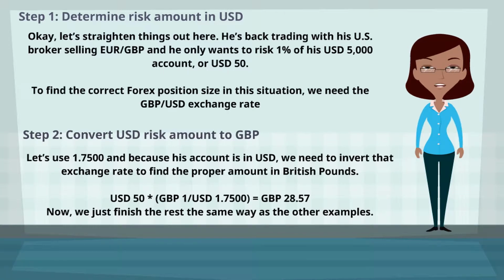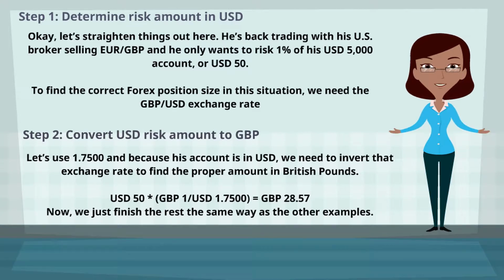Step 2. Convert USD risk amount to GBP. Let's use 1.7500 and because his account is in USD, we need to invert that exchange rate to find the proper amount in British pounds. 50 US dollars multiply by 1 pound divided by 1.7500 US dollars equals 28 pounds and 57 pence.